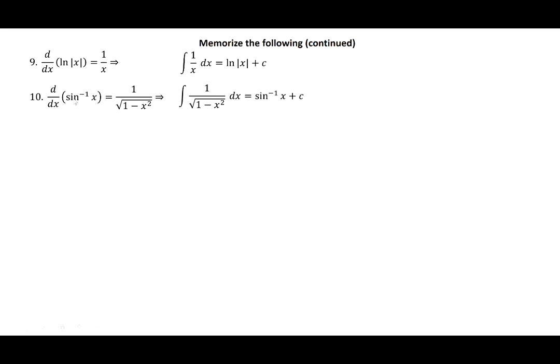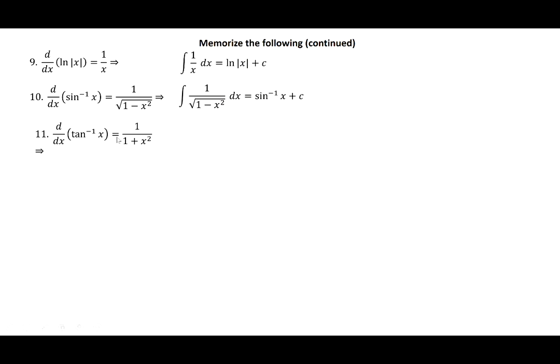Would you agree? So, could we say, based on that, the integral of 1 over square root of 1 minus x squared dx is negative cosine inverse of x? Could we say that? The answer is, of course, yes. Usually people do not use that form. They use this form. But if you were to say, well, I want to say this is negative cosine inverse of x plus c, nobody can object to it. Cool.